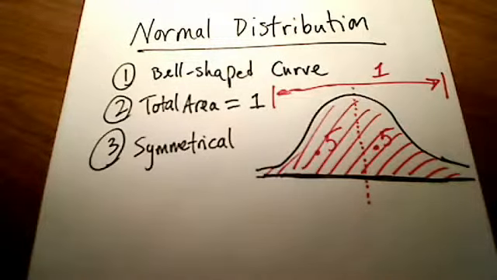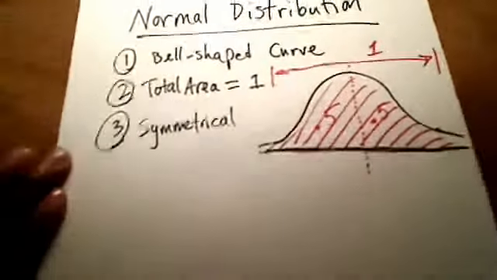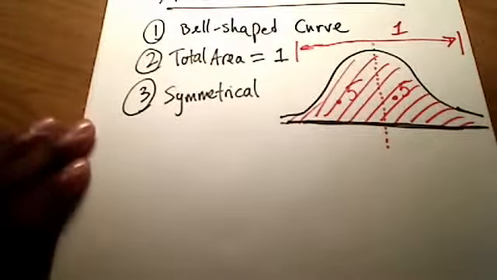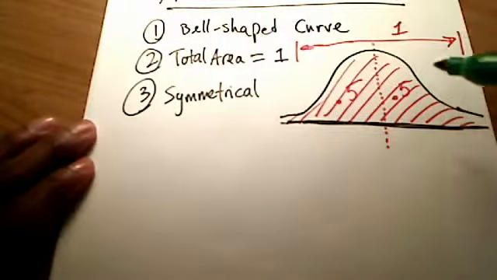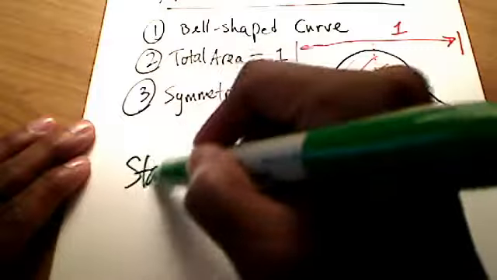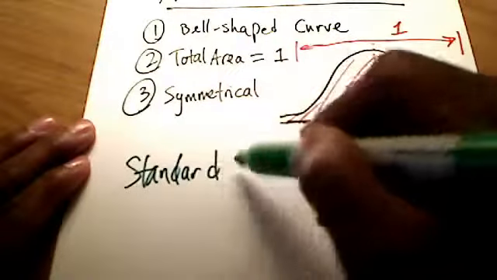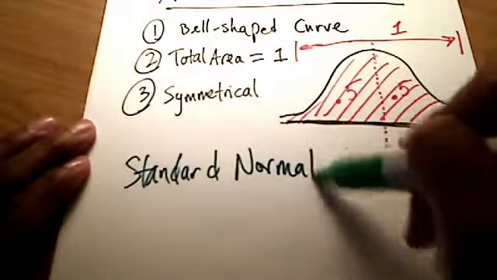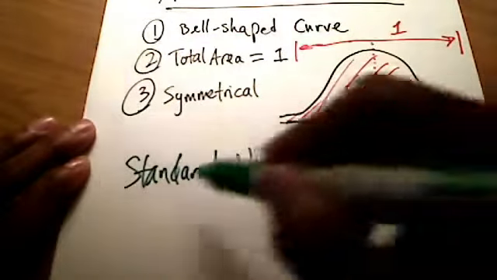So those three things should come to mind when you hear the words normal distribution. It's bell-shaped, total area is 1, and it's symmetrical. Let me go one more step and show you, and perhaps you've seen this as well, not only a normal distribution, but something called a standard normal distribution.